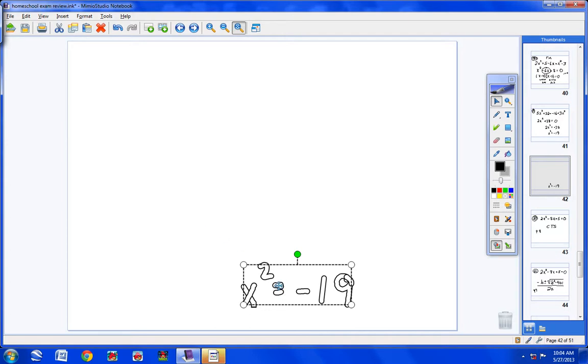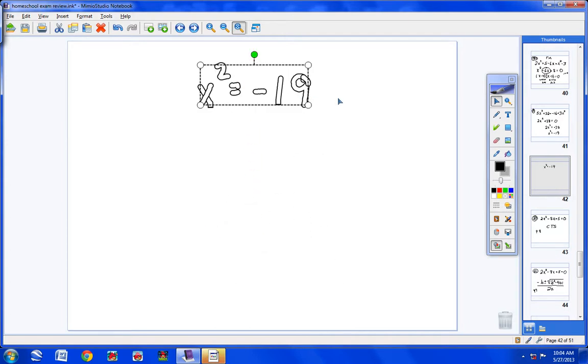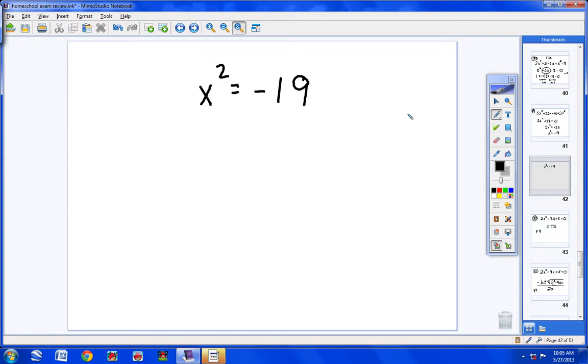And we're not finished yet, but we're real close. Does everybody see where I got x squared equals negative 19? All right. So we take the square root of both sides, and this is where it gets really interesting.